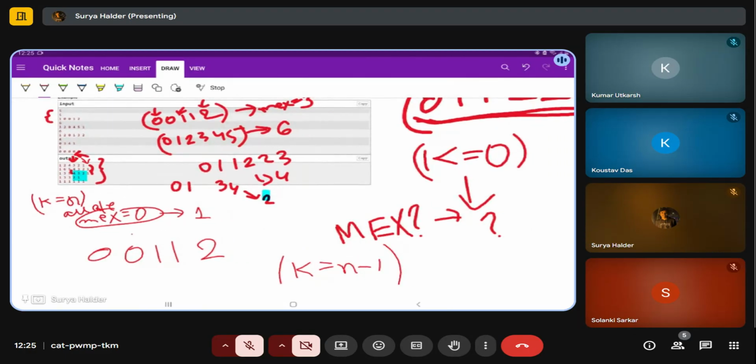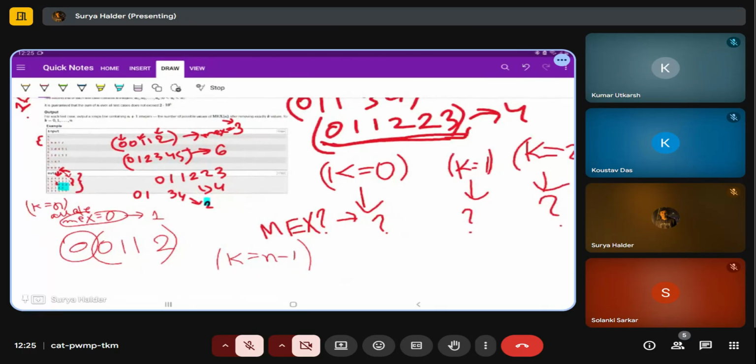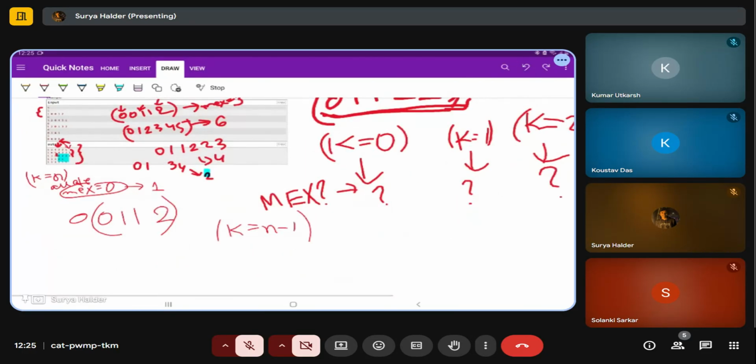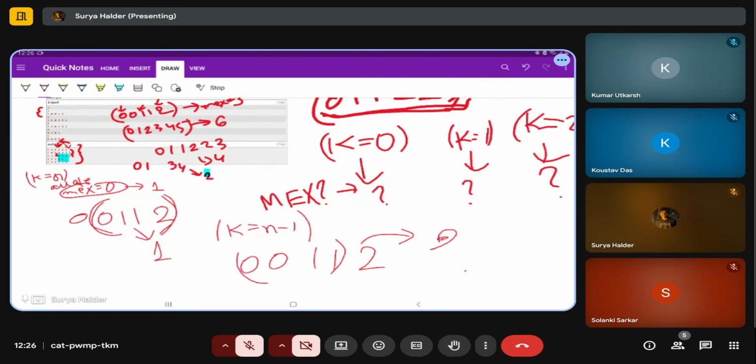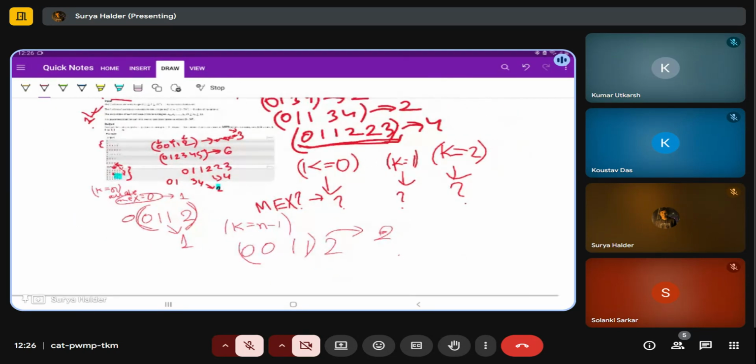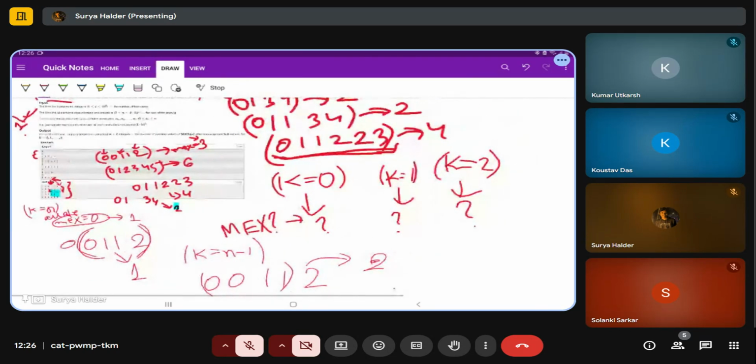So I will remove in such a way that, for example, 0, 0, 1, 1, 2, 4 elements I will remove. If I remove these 4 elements, then my mex is 1. And if I remove these 4 elements, then my mex is coming as 2. So I am getting two different mex values. Correct?